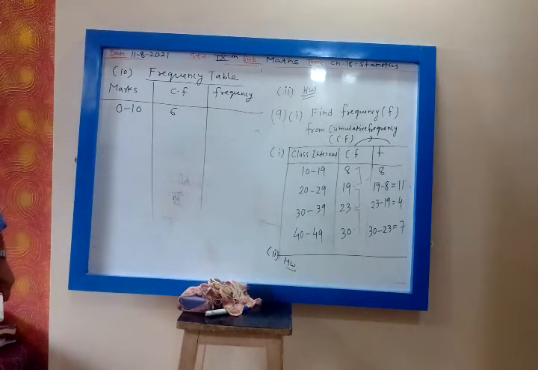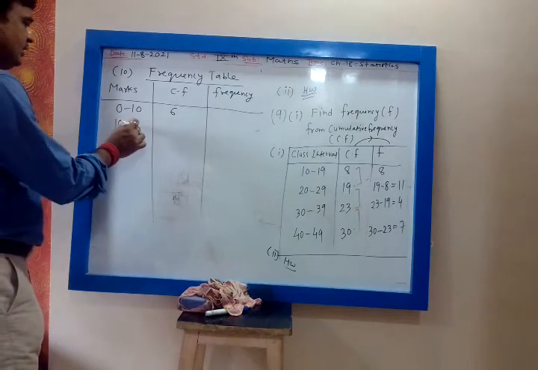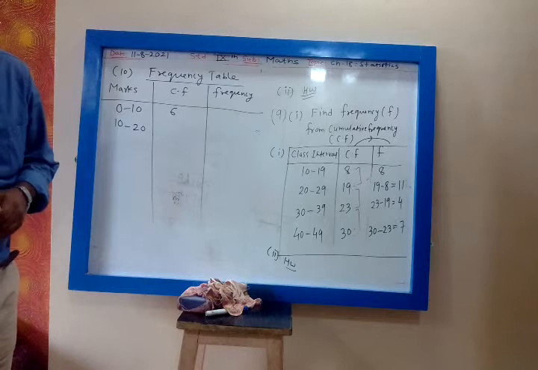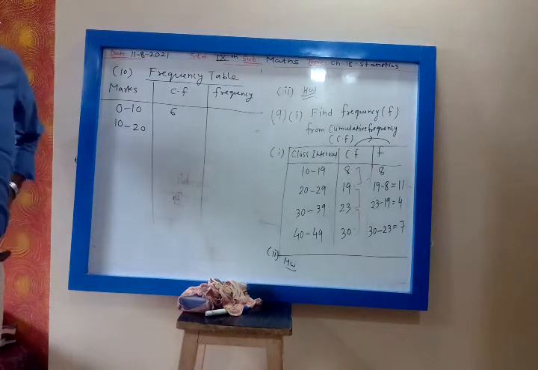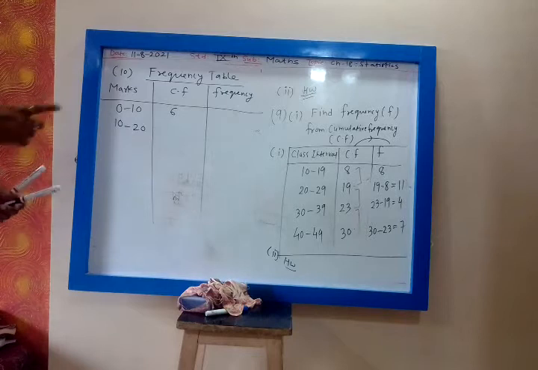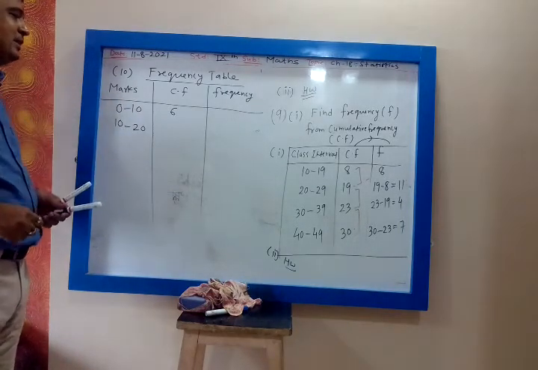Then less than 20 will be 10 to 20, not 11. No, my dear, less than 10 means 0 to 10. Then less than 20 will be 10 to 20. Because 10 will come in which? Tell me. 10 will come in the lower limit, no, my dear.